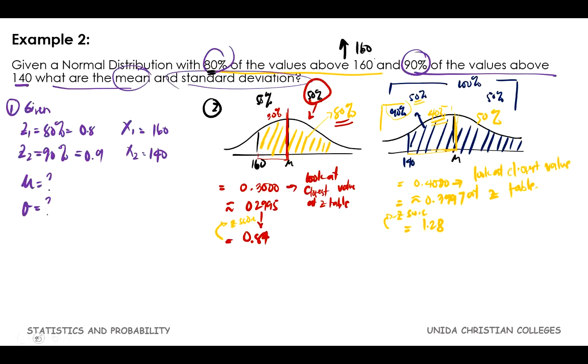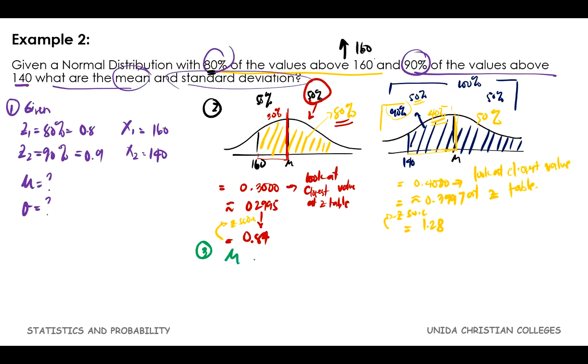Okay? Kasi our third step is we have to find our mean. Alam natin na yung dalawang condition natin, or yung dalawang normal distribution natin, nanggagaling lang sila sa isang mean at nanggagaling lang din sila sa isang standard deviation. So, ang gagawin natin, kunin natin yung formula sa mean.